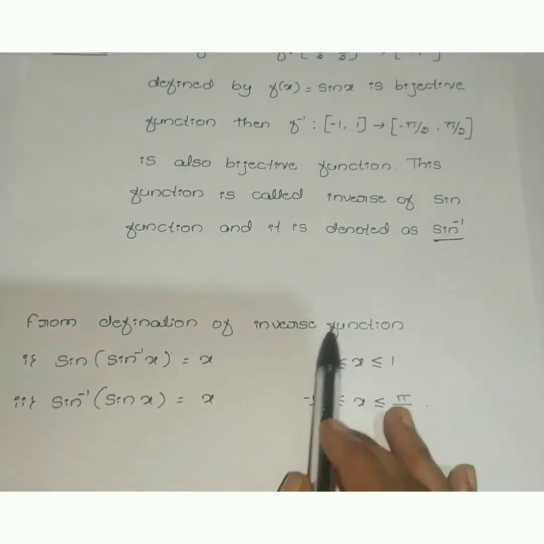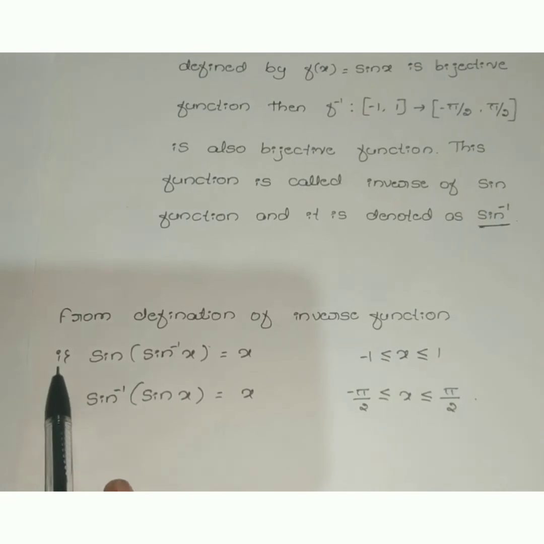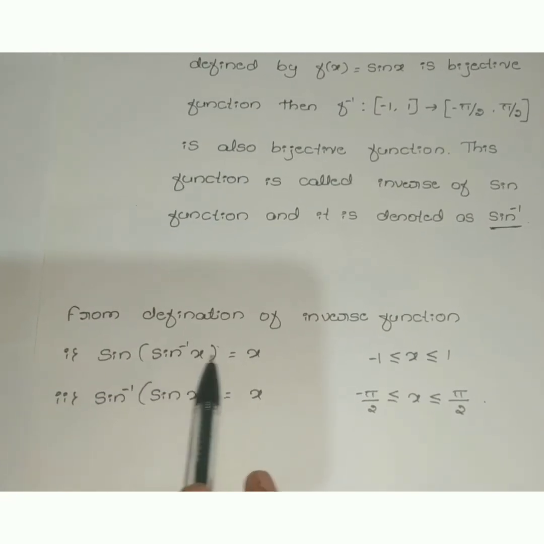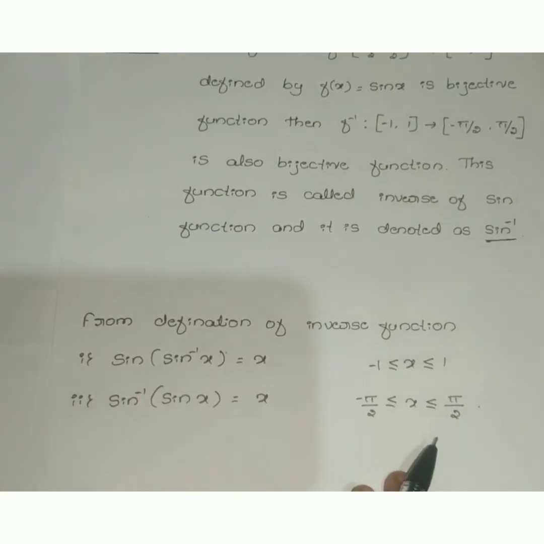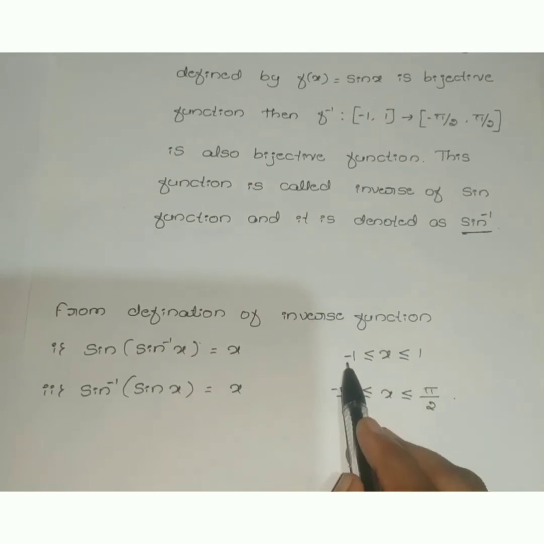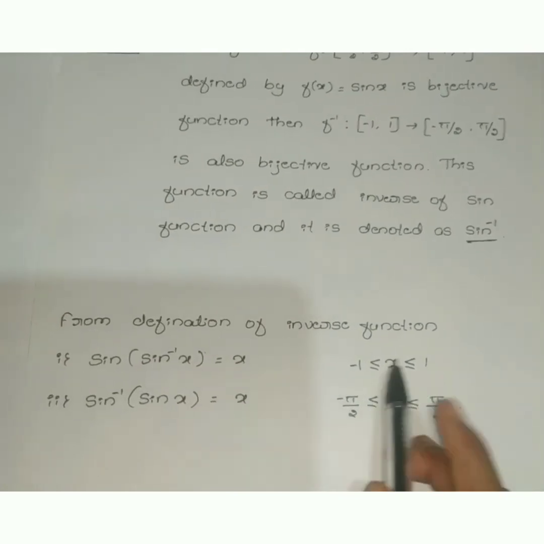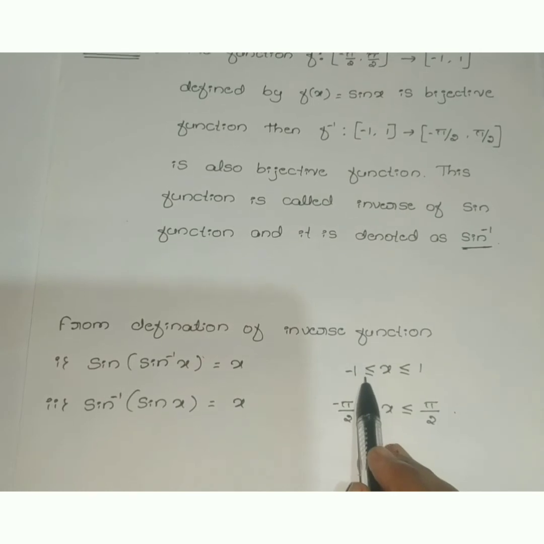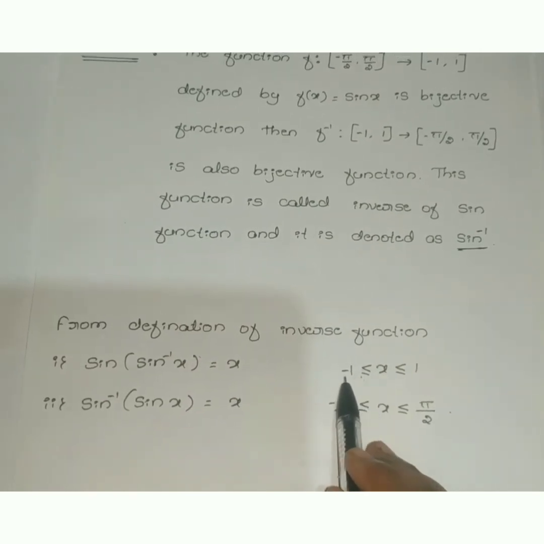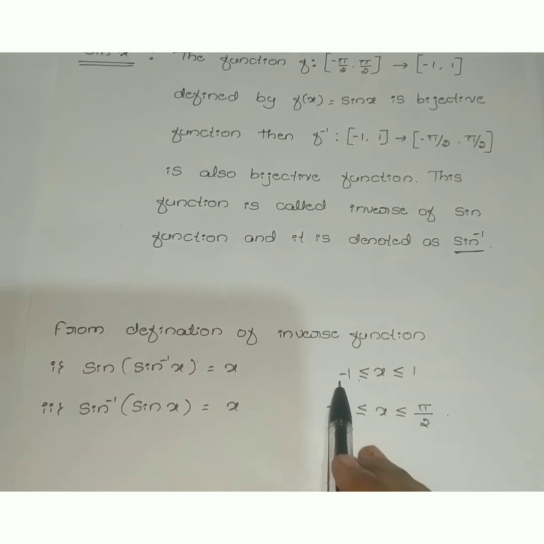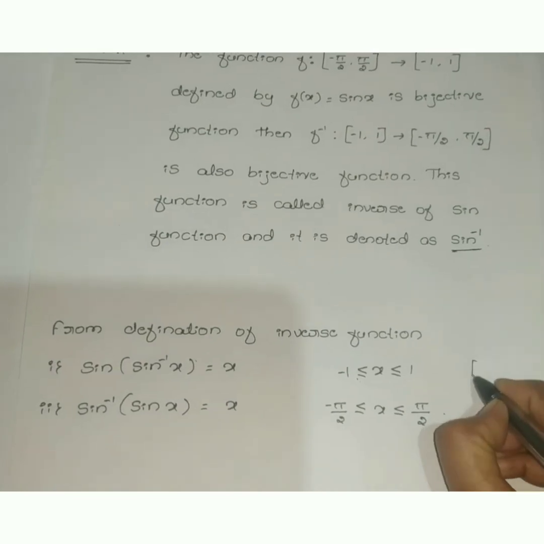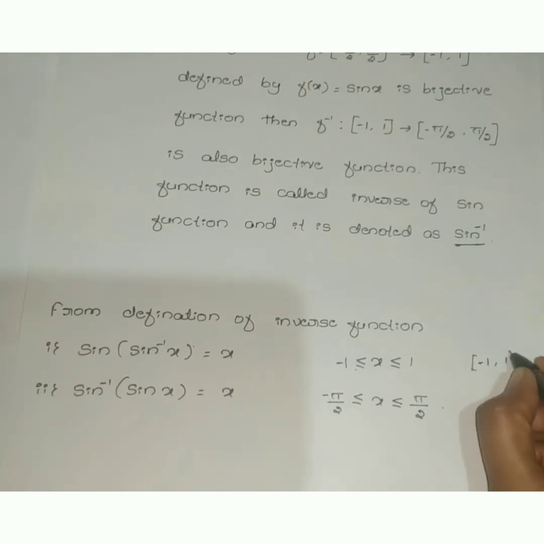From the definition of inverse function, first note, sine of sine inverse x equal to x, where x lies between minus 1 to 1. So here slack inequality means including endpoints of minus 1 and 1, or closed interval minus 1 to 1.